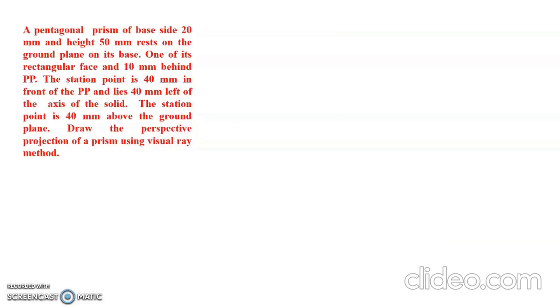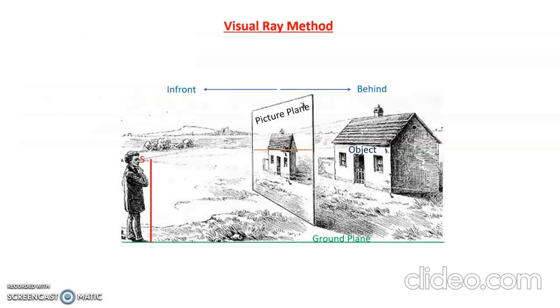With an example we will see the steps involved in perspective projection. A pentagonal prism of base side 20 mm and height 50 mm rests on the ground plane on its base. Here, instead of the object, we have a hexagonal prism.